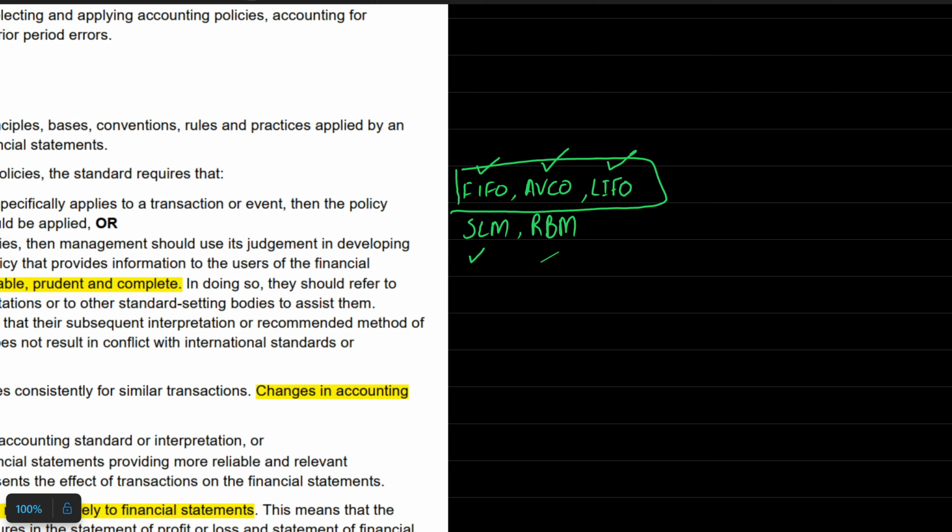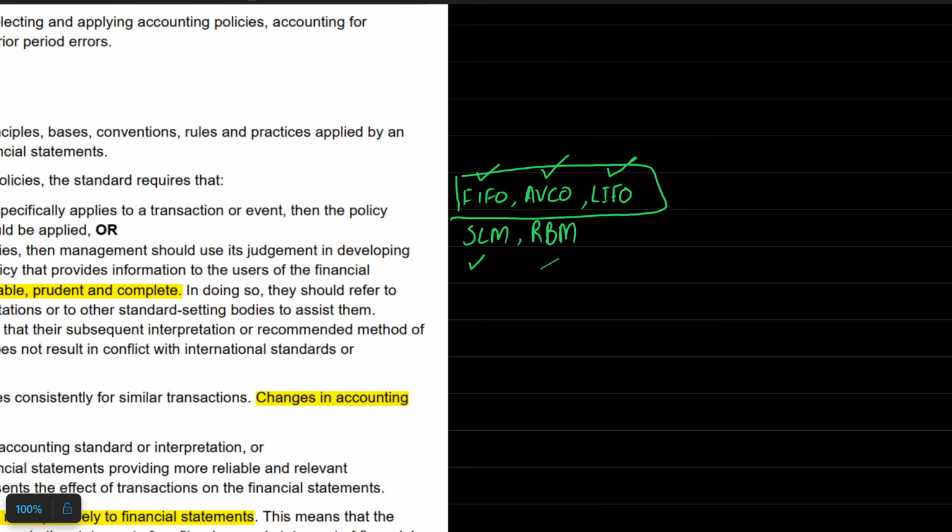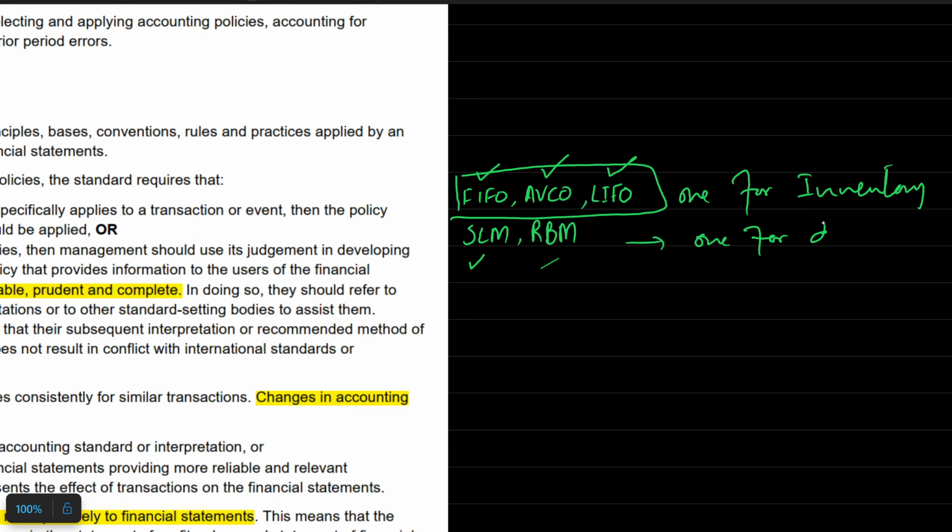We have to select one for inventory and we have to select one for depreciation. So whatever we select will be accounting policy.